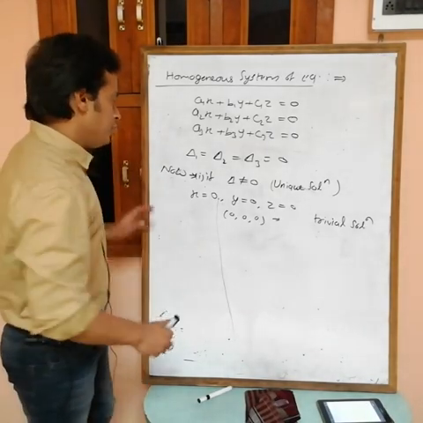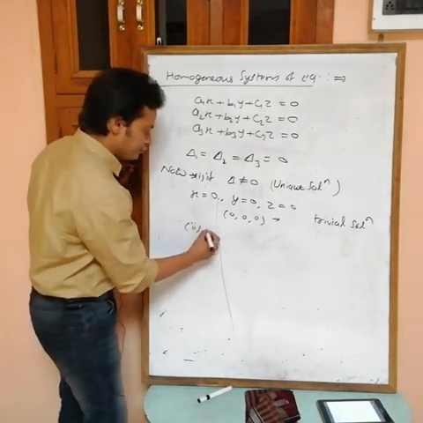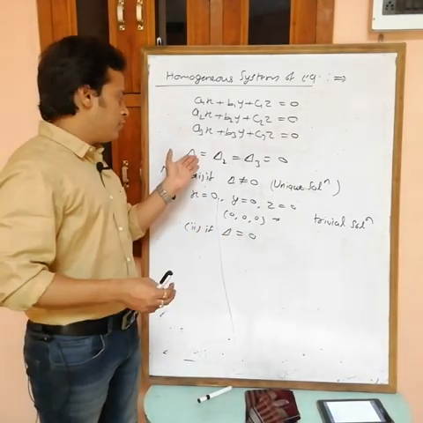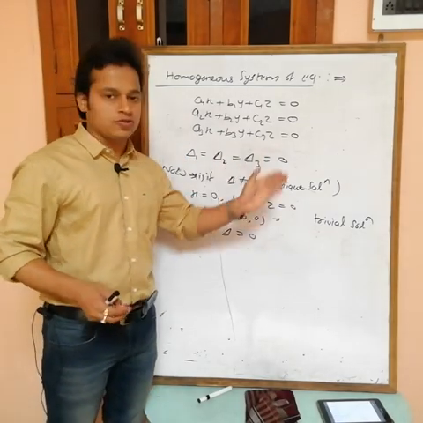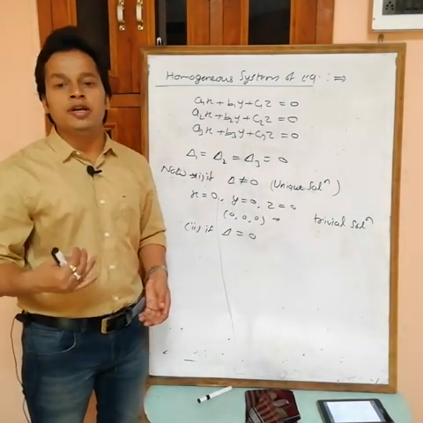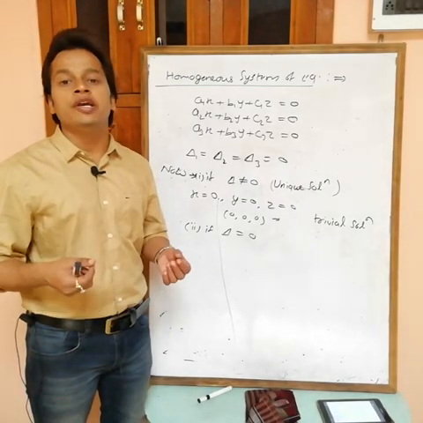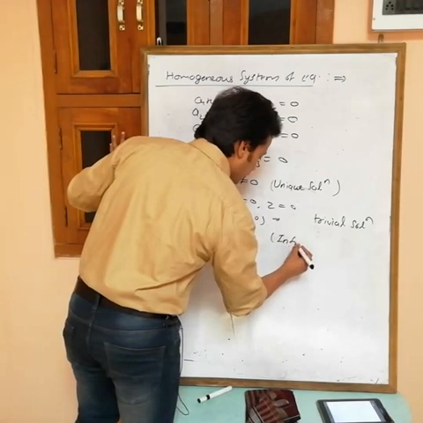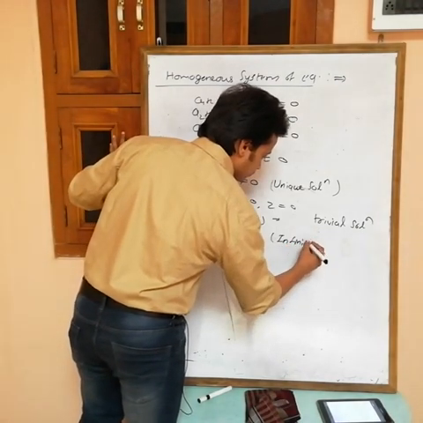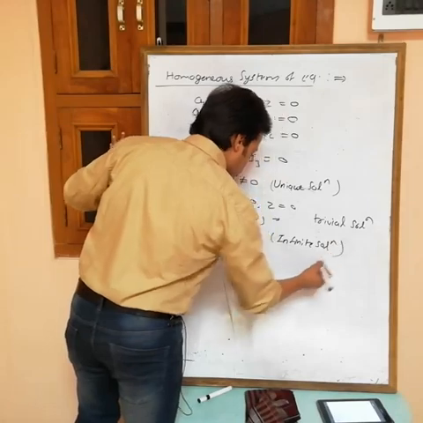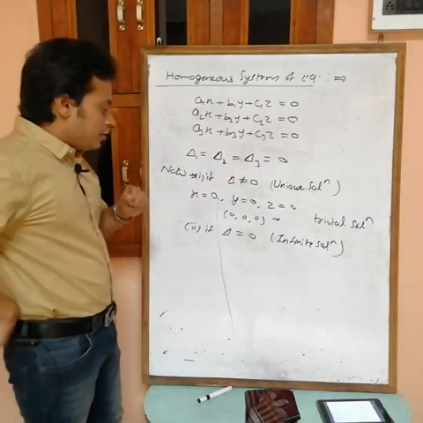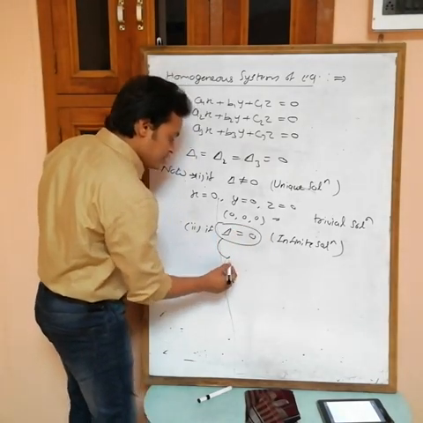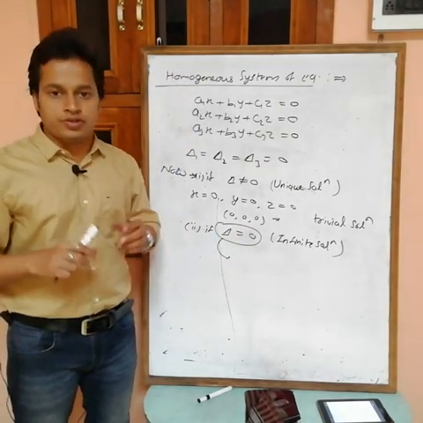Now second, if del equals 0, and already del 1, del 2, del 3 equal 0, if all the determinants are equal to 0, then we have infinite solutions. And actually this is the condition of non-trivial solution.